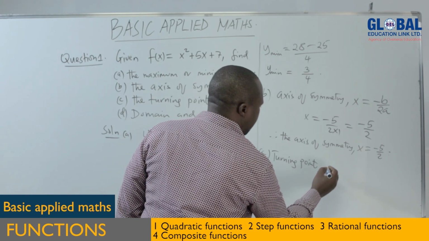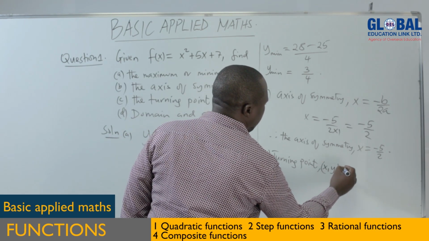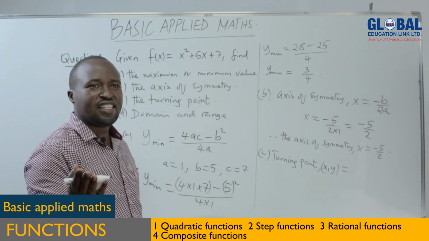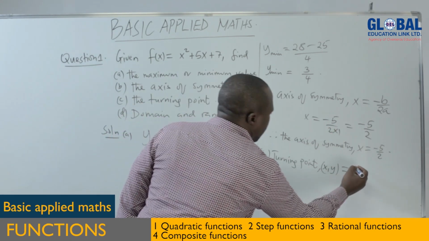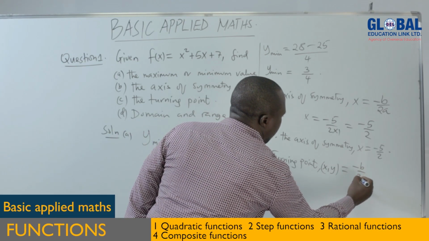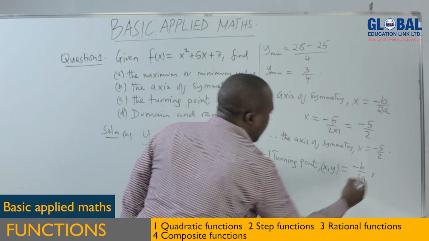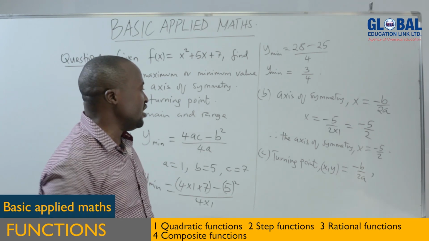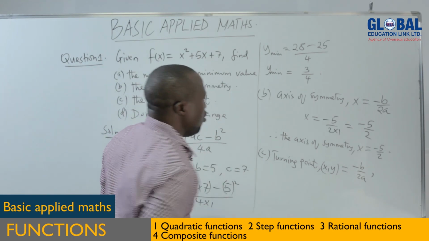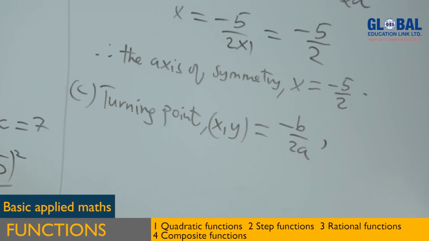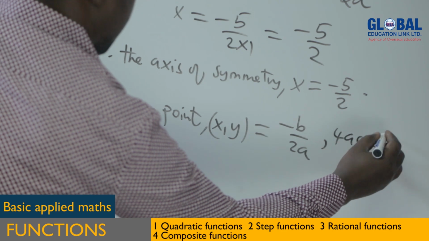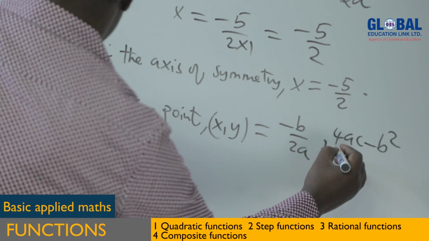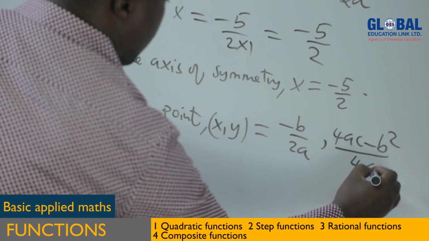So that is xc, y, which is equal to, for xc, we recall the formula for the axis of symmetry, which is negative b over 2a, comma, because it is a coordinate, followed by y. For y, we are taking the formula for the minimum, that is 4ac minus b squared over 4a.